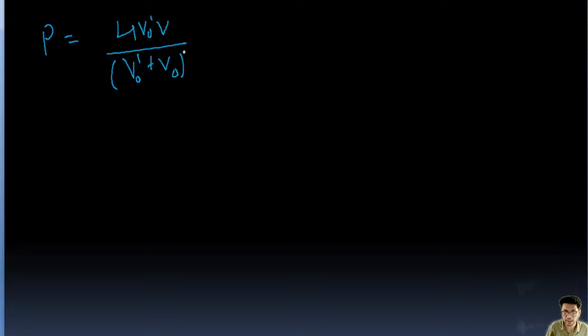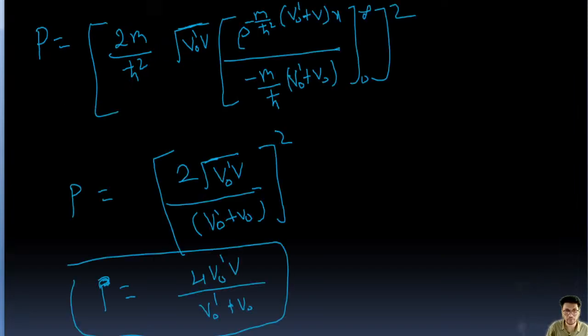For example, I'll take one example, okay. Suppose we now know this formula, 4 v naught dash v naught upon v naught dash plus v naught, and this is the whole square, guys, okay.